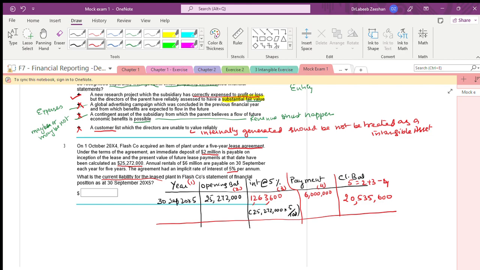Now we have to take the next year. Unless we calculate the next year, we cannot assume. 30th September 2006.